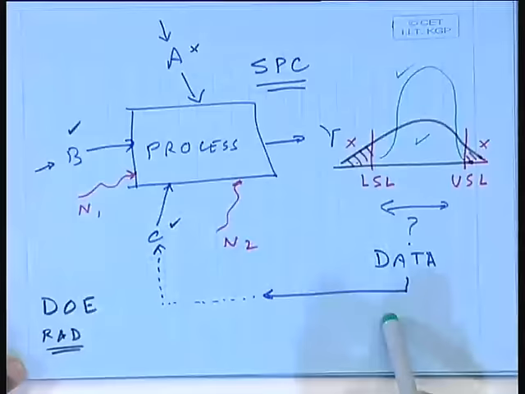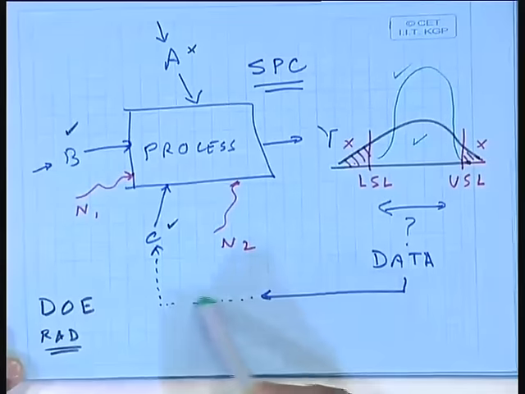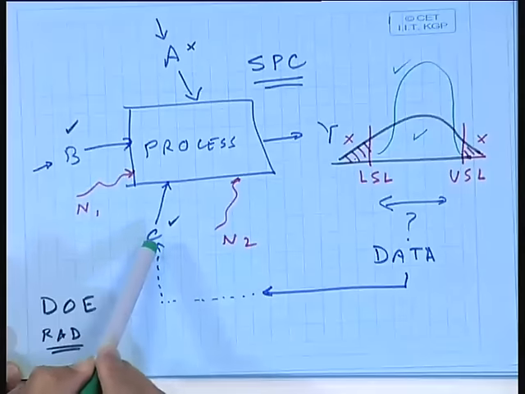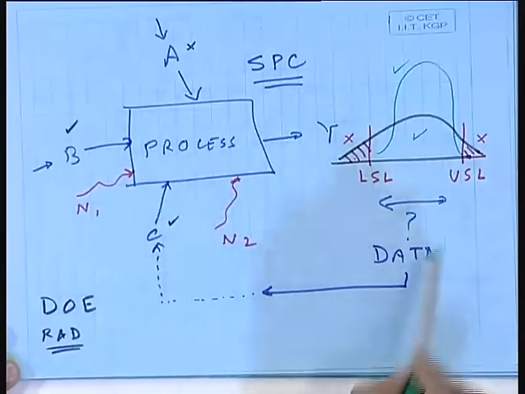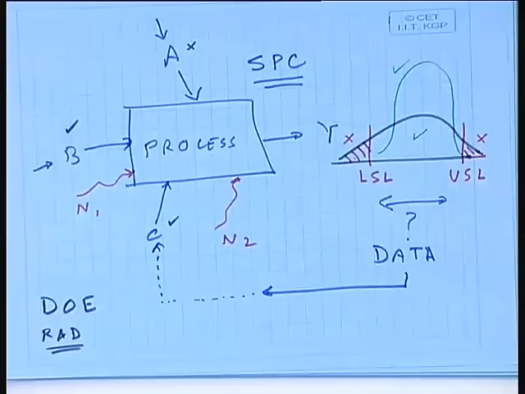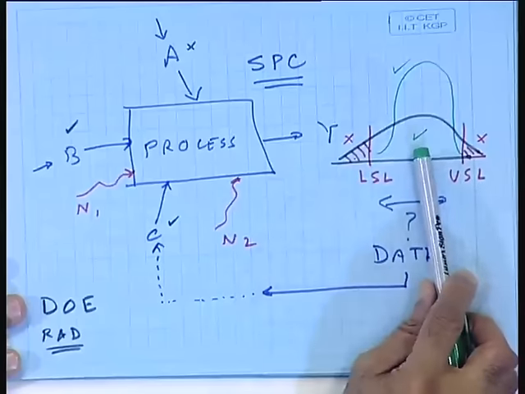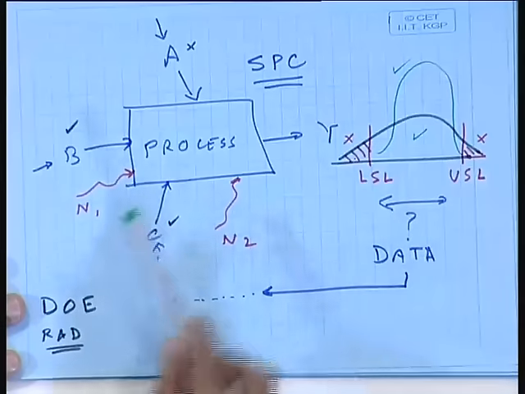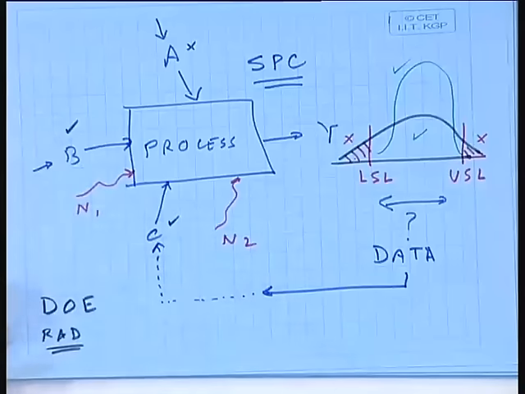I had my diagram, I have the output coming out, then I had this data collected and I utilize that data in a feedback mode to try to control these variables C, B and A. Till this feedback loop is completed, there is really no sense of control, no change in the process. That will take place only when I am using the inspected data in a feedback fashion to come back and control these process variables B and C.